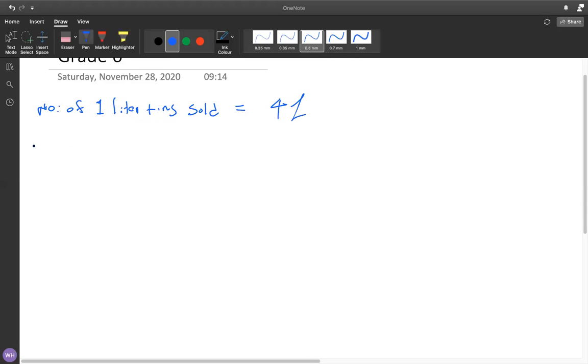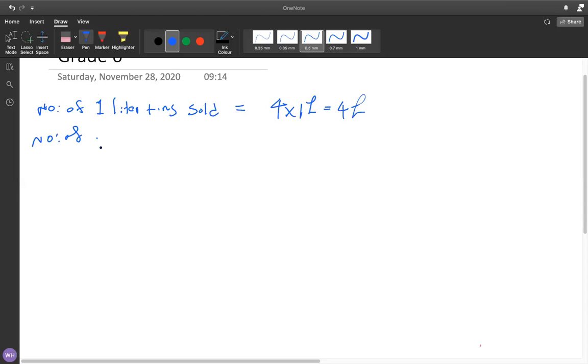So 4 into 1 liter, which is equal to 4 liters. Next case, they are giving 3 tins of 2 liters.